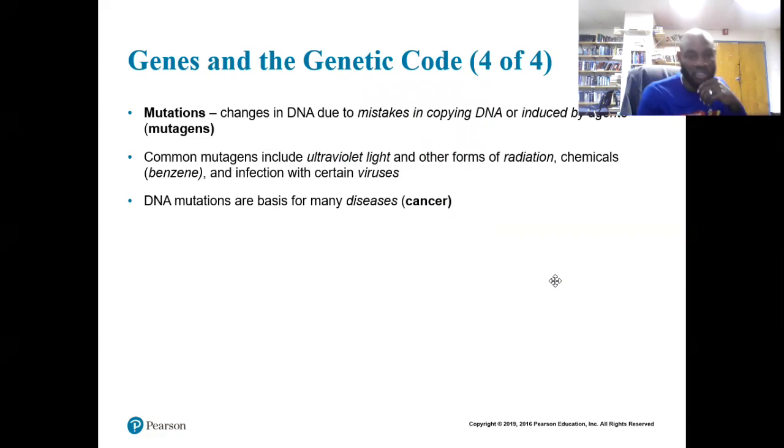Cancer is based on mutated DNA. Right? So your genetic code is very important. Remember, it's in that double phospholipid bilayer in the nucleus. Your DNA is protected, but it can be mutated. The errors can happen, mutations can happen.